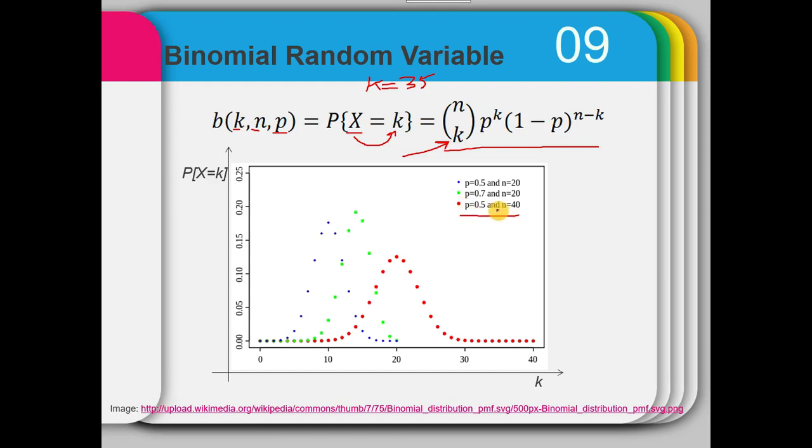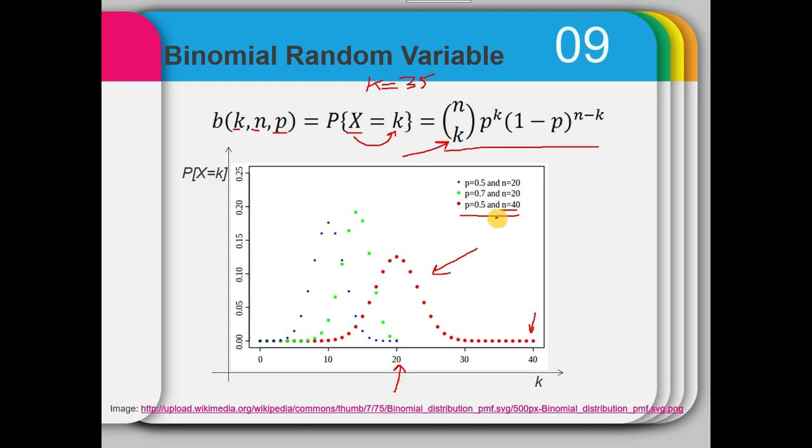The red dots say n is equal to 40, which means a total of 40 trials took place. p is 0.5, which means success has a probability of 0.5 or 50%. So there's a 50% chance that the individual Bernoulli trial will pass or fail. If you notice these red dots, the PMF has a hill-like shape, and the hill comes right in the center at k is equal to 20.